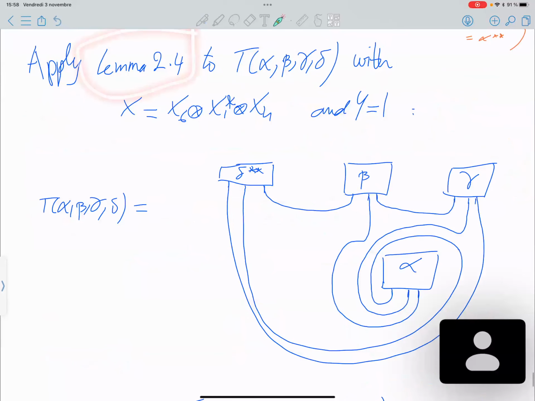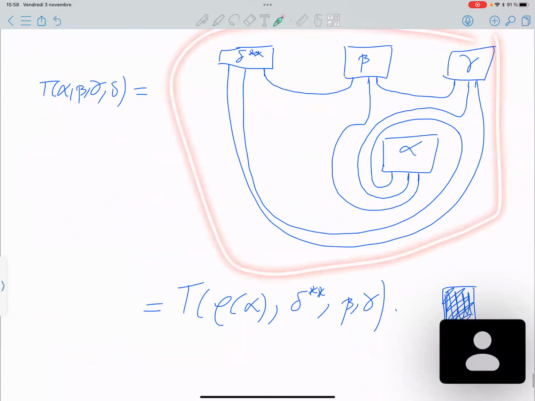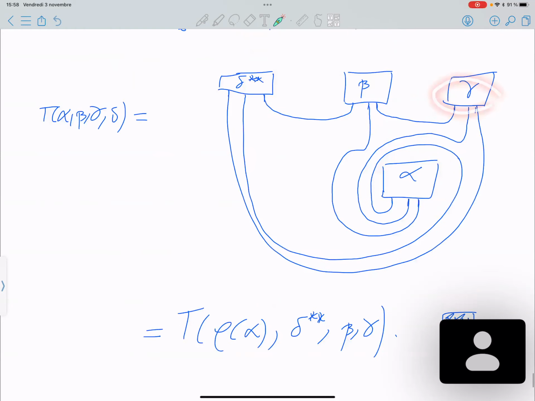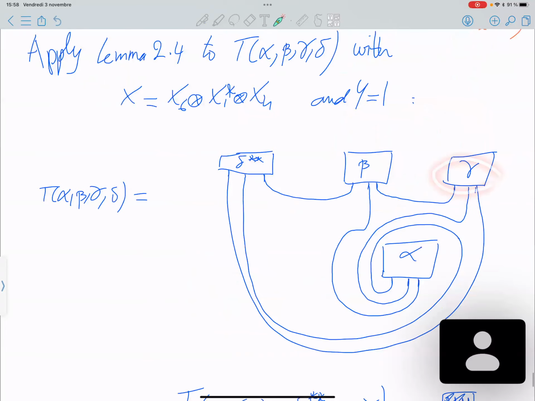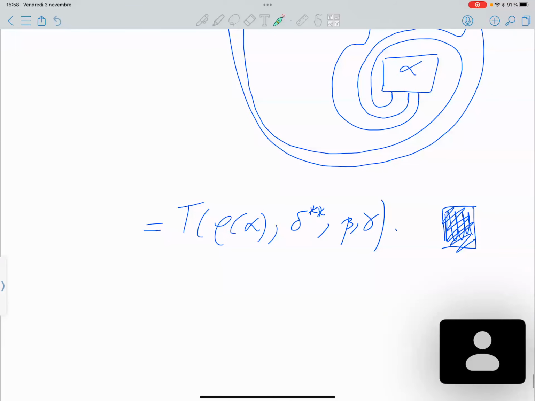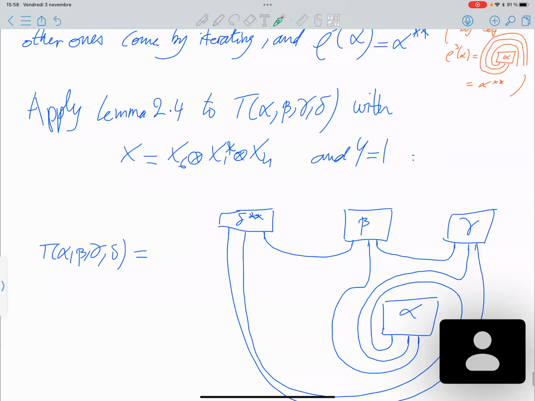And to recover the initial shape, you need to apply this natural transformation in such a way that the new box, which is this one, has the left leg connected to the one on the right, exactly as we want in the model. Okay.